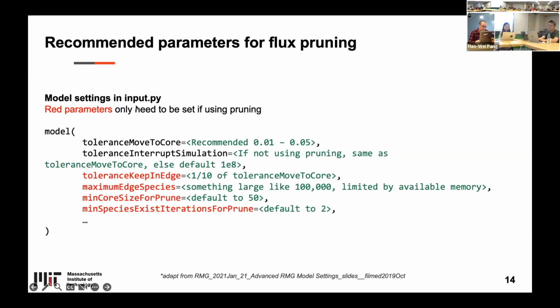You want to set your tolerance keeping edge to be, usually we find 1/10 of the tolerance move to core is good enough. And for the maximum edge species, you should start with something large, like 100,000. It's really limited by the available memory that your system has.